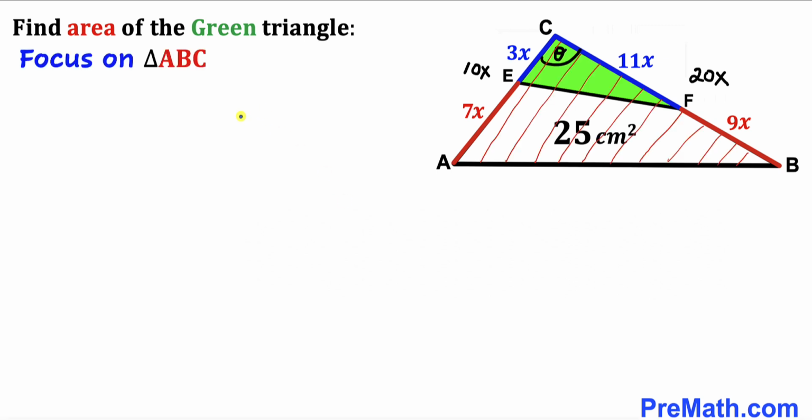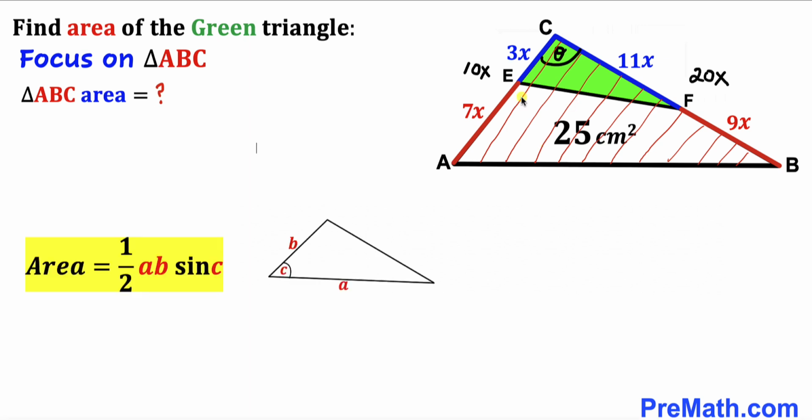Let's focus once again on this big triangle ABC and calculate its area. Let's recall the area of a triangle formula: area equals a half times a times b times sine of angle C, where a and b are side lengths and angle C is the angle in between.